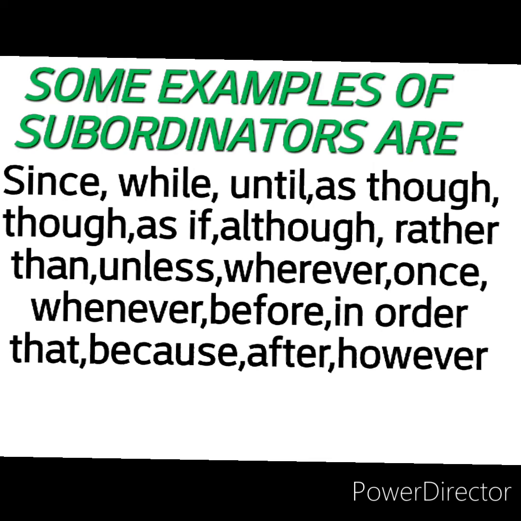Now let's look at some examples of subordinators. We have since, while, until, although, though, as though, if, rather than, unless, whether, once, whenever, before, in order that, because, after, however, and so on.